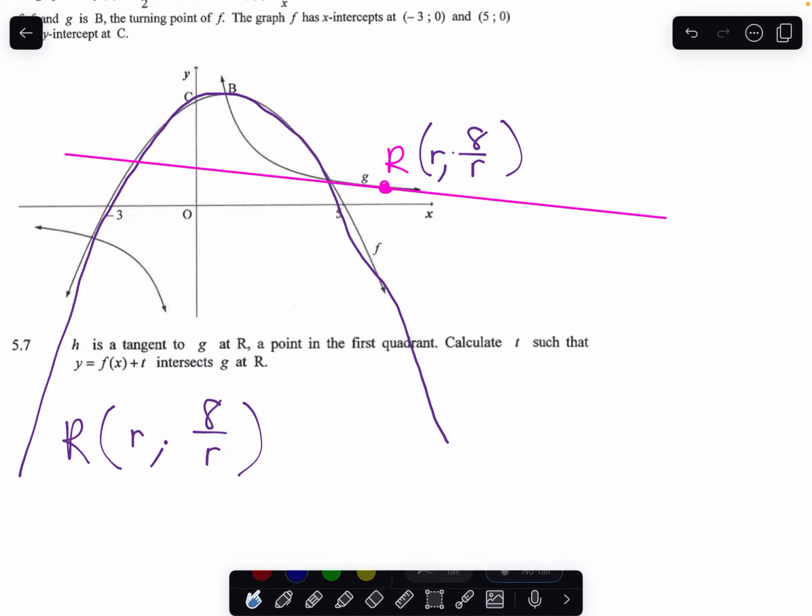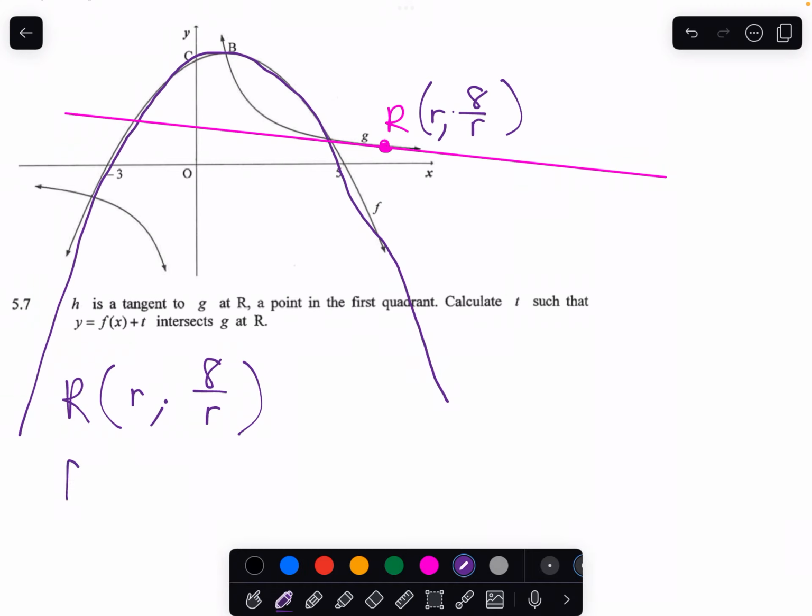So we want to find a t such that f(r) plus t will be equal to g(r).